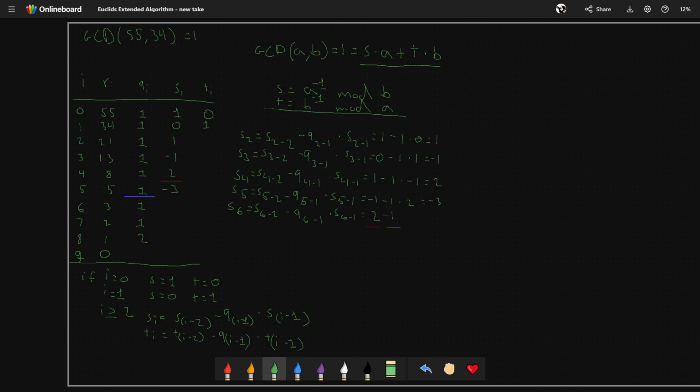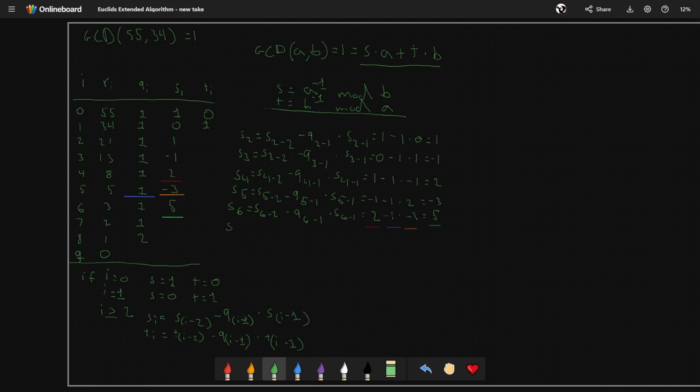You'll notice that almost all of our quotients here are equal to 1, except for the last one, so you'll be seeing a lot of 1s. Then we have S6 minus 1, which is S5. S5 we just calculated to be negative 3. So here we have 1 multiplied by negative 3, that's negative 3. 2 minus negative 3 turns into plus, so that becomes 2 plus 3. So S6 is equal to 5.